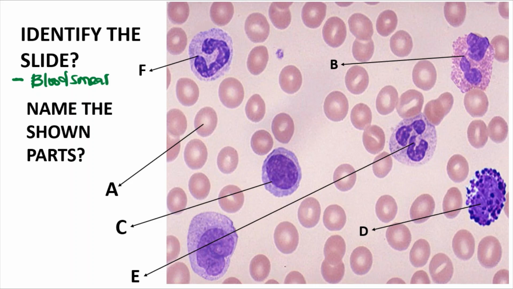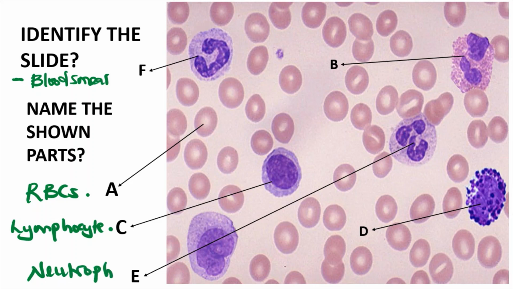Name the shown parts. A, these are red blood cells. C is a lymphocyte. E is a neutrophil. F is a monocyte because it has a kidney-shaped nucleus.